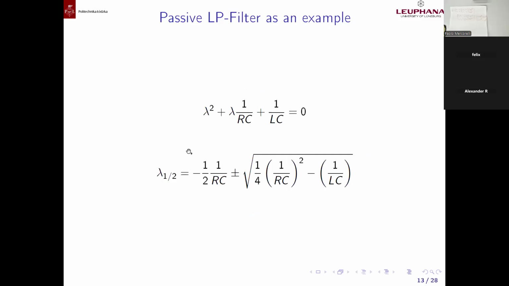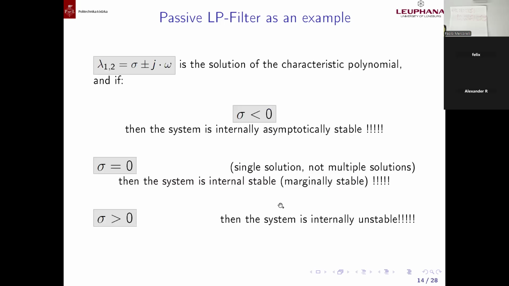This means this is lambda 1 and lambda 2, which consist theoretically of a real part plus minus an imaginary part, if the imaginary part exists. This means we have to look, do you remember? I told you this at the beginning of the semester when we analyzed the free response. We have to judge the sign of this element inside the root.